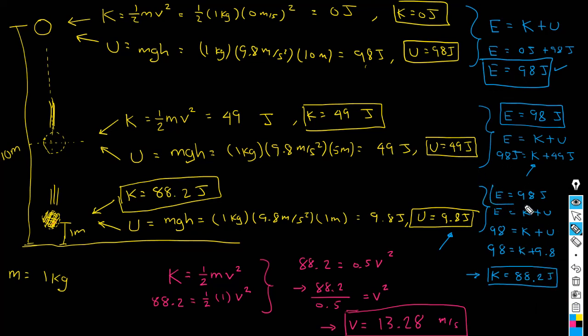Observe: 98 joules of total energy at this point, 98 joules of total energy at this point, and 98 joules of total energy at this point. So at every single point in this motion, as the ball falls down, it will be 98 joules. Okay? So that's how these types of problems work.